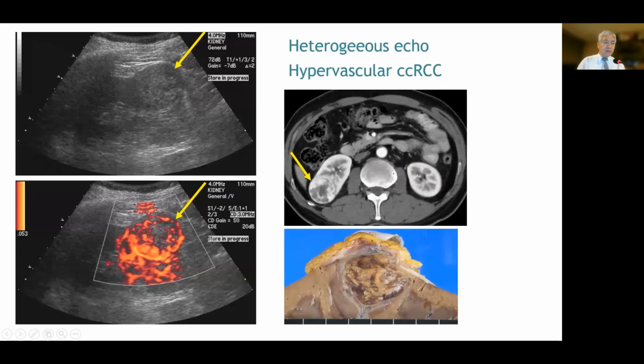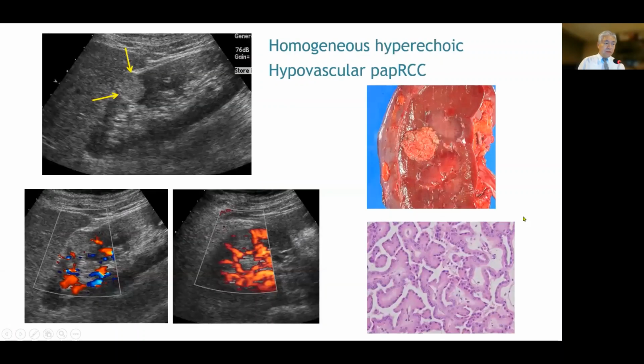This is an example of clear cell renal cell carcinoma that has heterogeneous echo and hypervascularity at Doppler ultrasound and early strong enhancement at CT. And this is an example of papillary renal cell carcinoma that has homogeneous hyperechogenicity and hypovascular appearance at ultrasound.